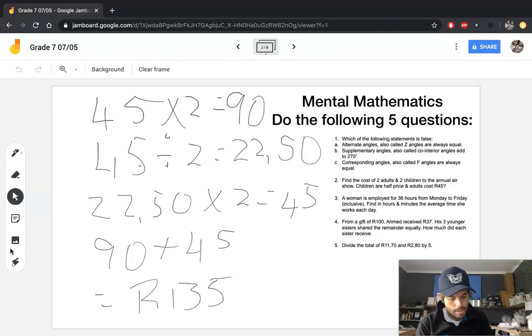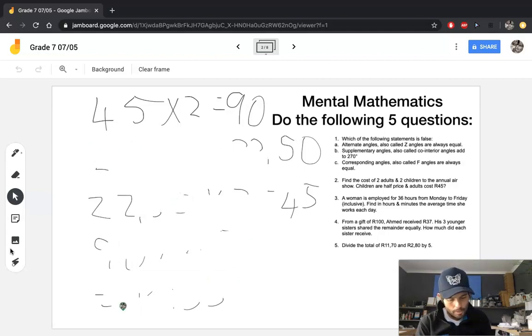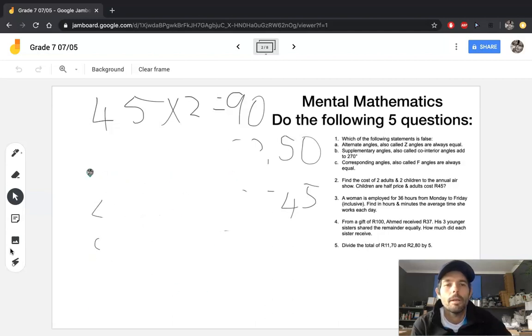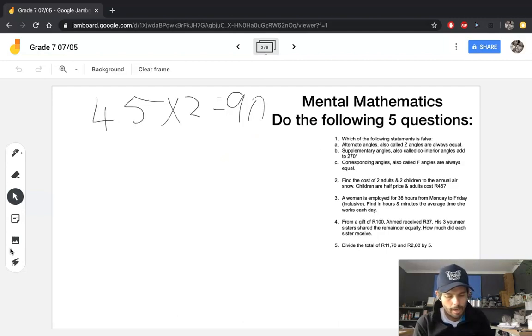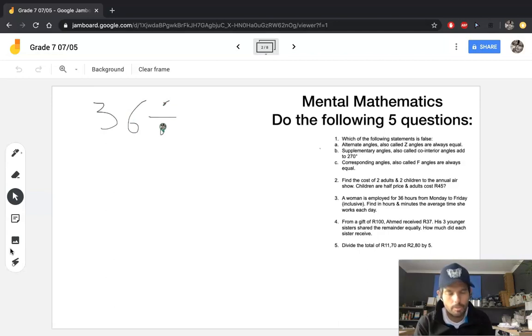For question 3, a woman is employed for 36 hours from Monday to Friday, inclusive, which means you include Monday and Friday. Find in hours and minutes the average time she works each day. So if it's 36 hours, and Monday to Friday is 5 days, then we're looking at a calculation like that, 36 divided by 5.